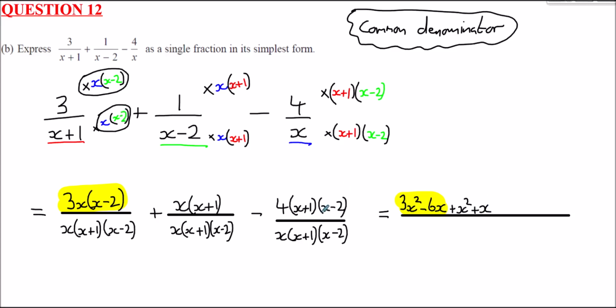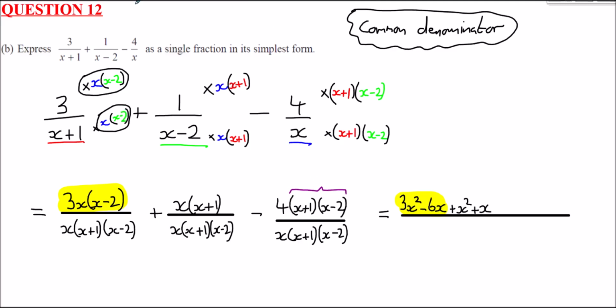Now this one at the end is going to be the hardest. So let's just do this step by step. I'll split this up slightly so you can see where this is coming from. Forget this minus 4, just look here at the x plus 1 and x minus 2.